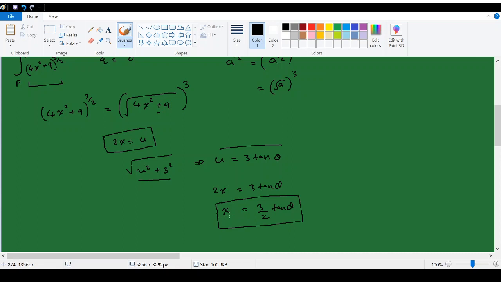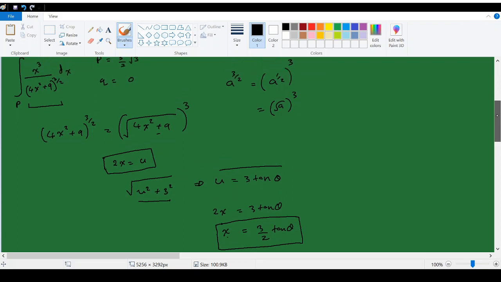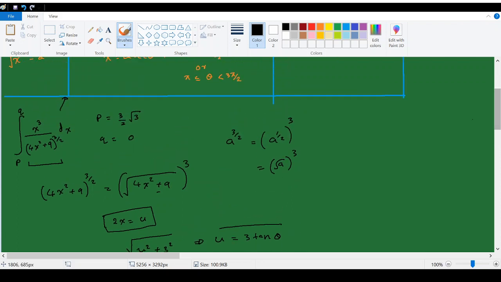And once we have this one, then the remaining part will be very much similar to the things that we did before. Now there's another thing here. They have given an upper limit and a lower limit, right? The lower limit, sorry, now here I have messed up with p and q.